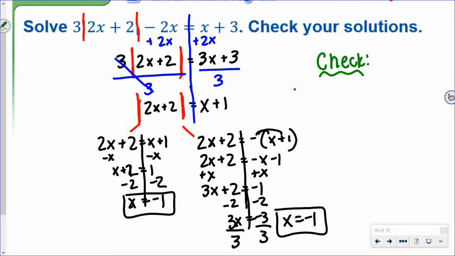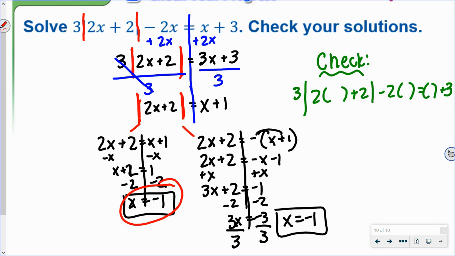The original equation is 3 times the absolute value of 2x plus 2 minus 2x equals x plus 3, and we are to plug in -1. This is going to be a fun side to evaluate. Let's do it. Start within your absolute values here.